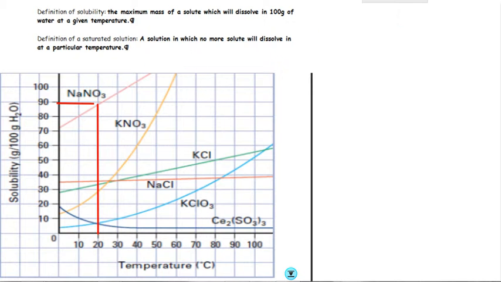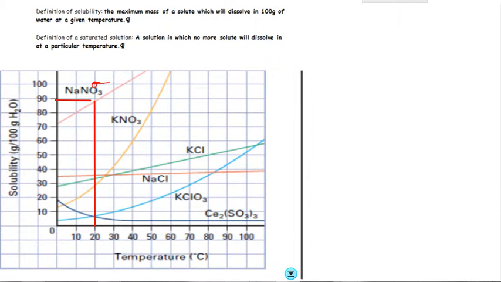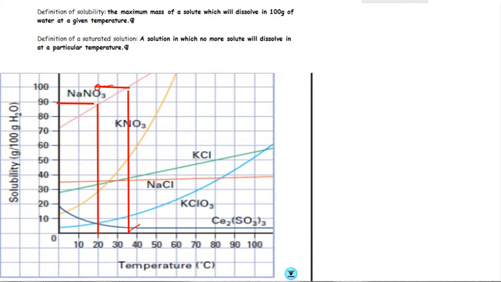So how might you go about getting that to dissolve? Well, if we had 100 grams and we wanted it to be saturated, we would go across from our 100 gram line to here, and that's the point at which, when we go down from there in a straight line, it's roughly, I would say, about 37 degrees.